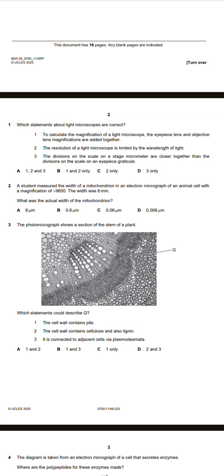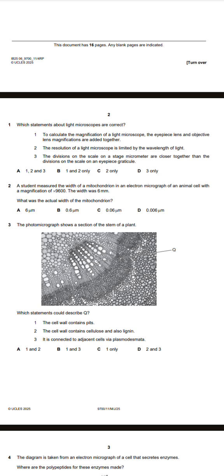The objective generally has a magnification of 40 times, and the eyepiece around 10 times. 10 multiplied by 40 is 400. That's how you calculate the magnification of a light microscope, not by simply adding them together. So option 1 won't be considered correct.